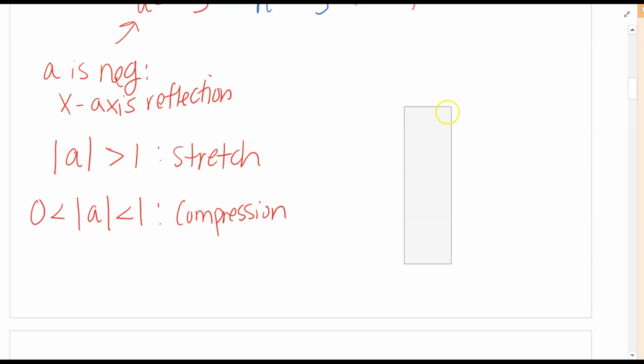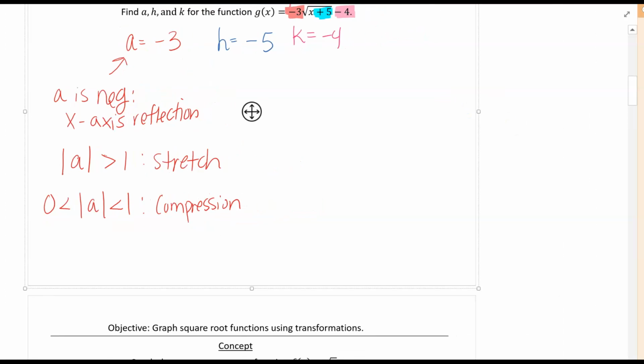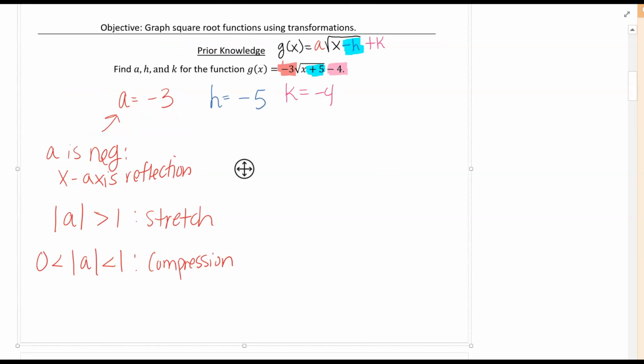And then our H and our K told us if it was left to right, up or down. So if you think about the general format right here of the formula, H is always next to the X. And which direction does the x-axis go? Left to right or up and down? X-axis is left to right, so that means H goes left to right because it goes with the x-axis, okay?